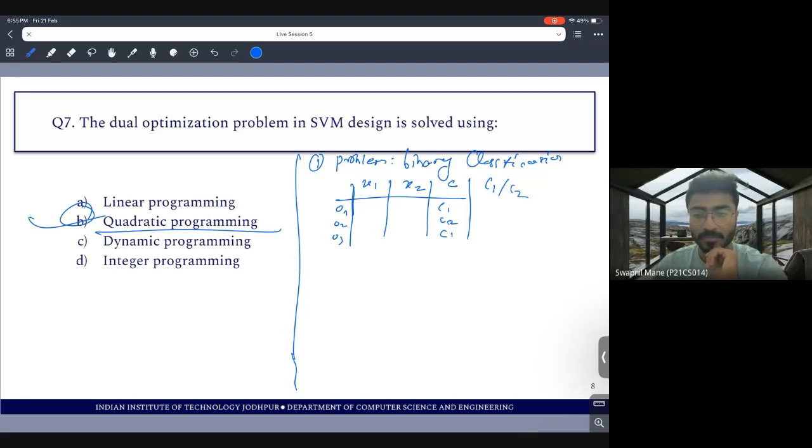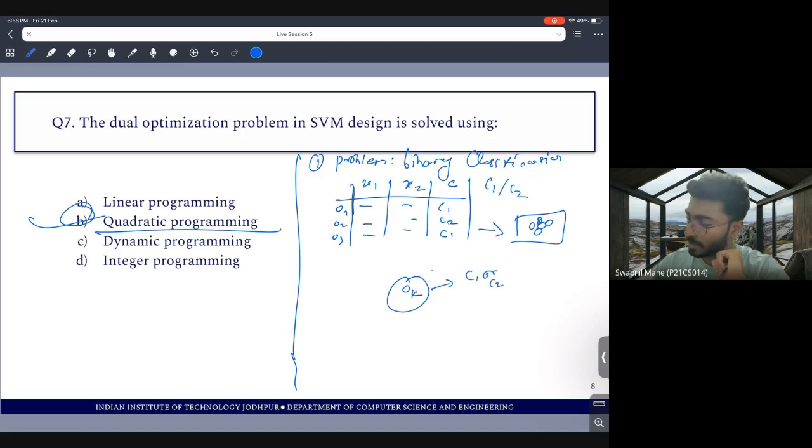For this problem, we state that it is a binary classification. These are some values. We need to train a machine learning model such that when a new object k comes, we can classify whether it is from c1 or c2. We need to pass this object, which has x1 and x2 features.